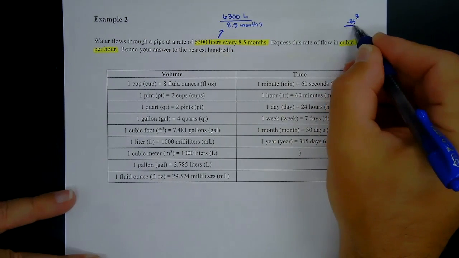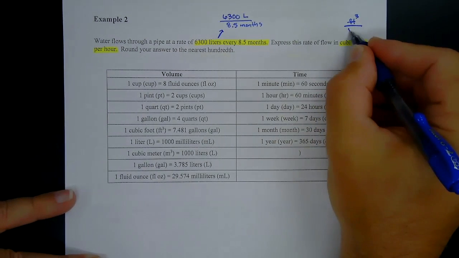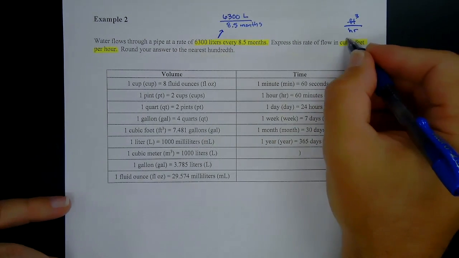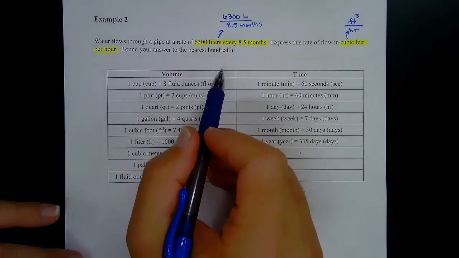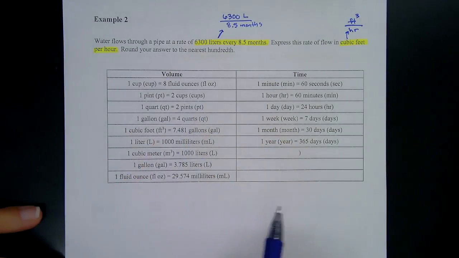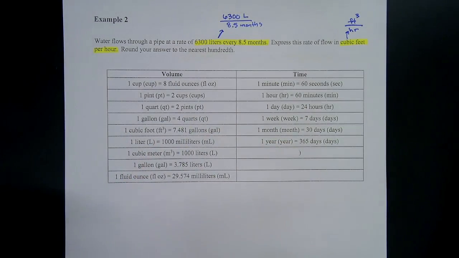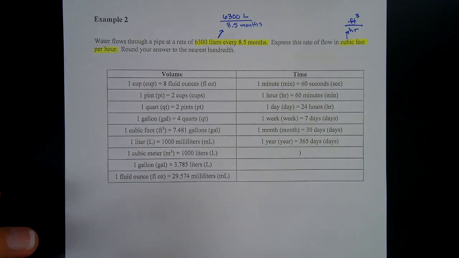So cubed feet per hour, and that's what this one converts to. And we want to go to the 100th place, so that's 2 decimal places again. And again, you just want to start and work on one unit, get that to the unit you want, and then start working on the other unit.